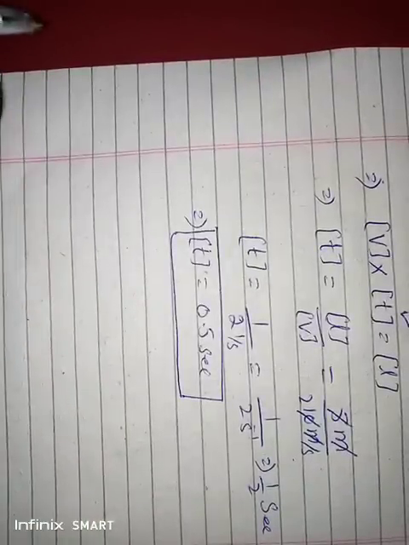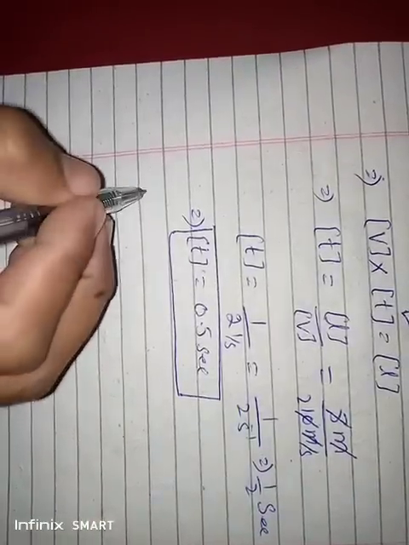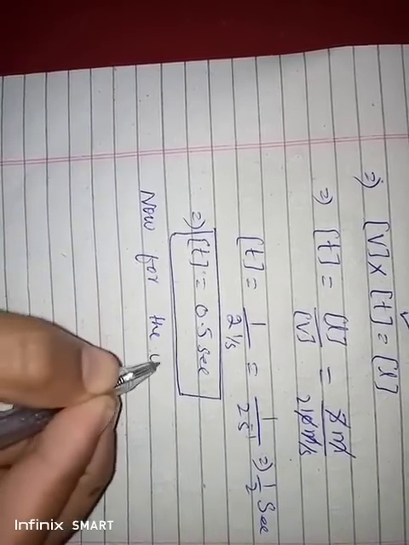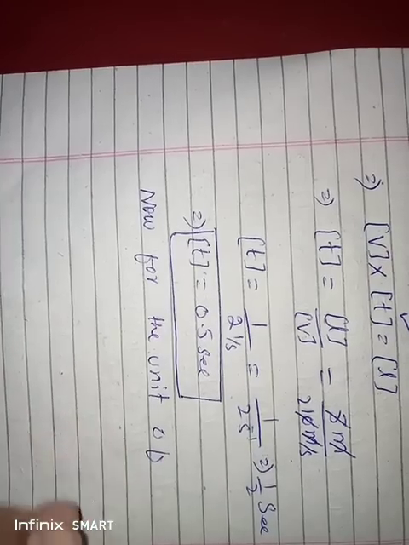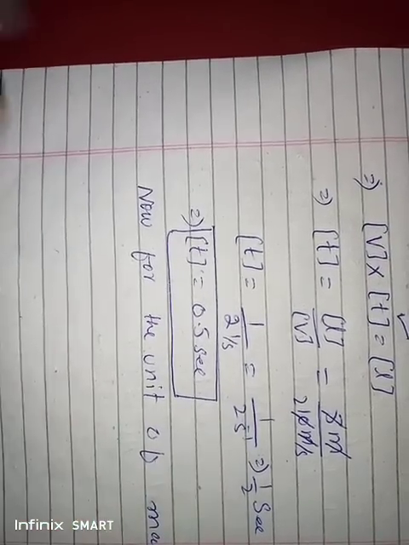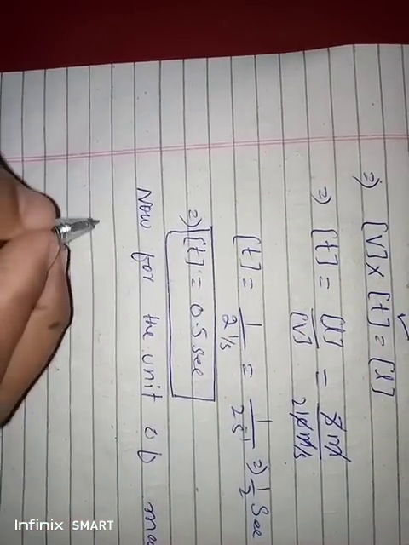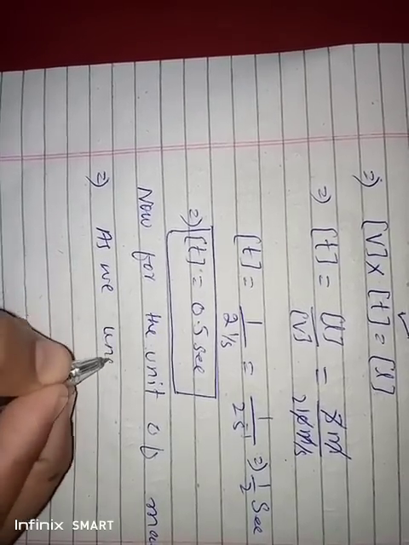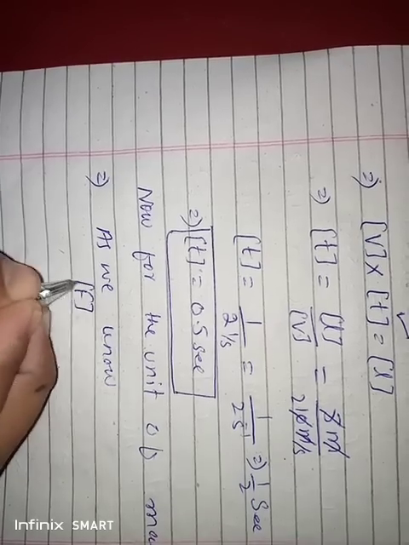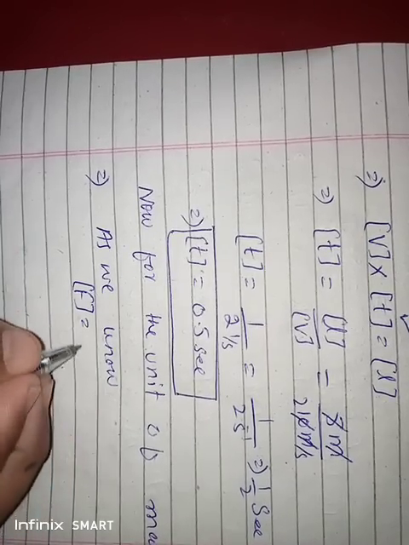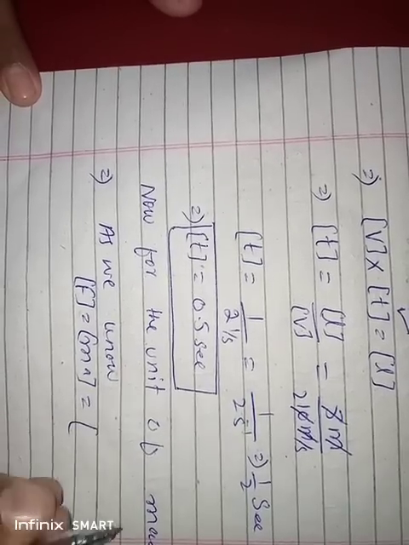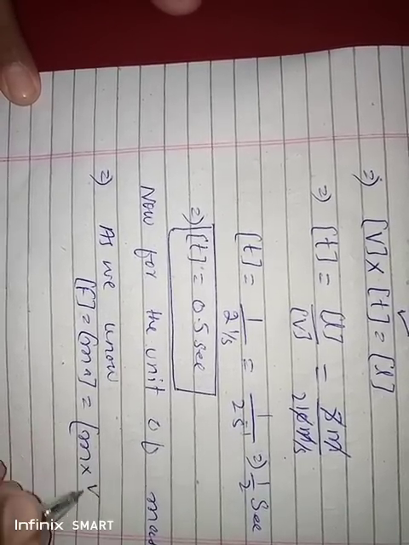Thirdly and finally, we have to find the unit of mass. As we know, according to Newton's second law, F is equal to ma, where a is velocity per unit time.